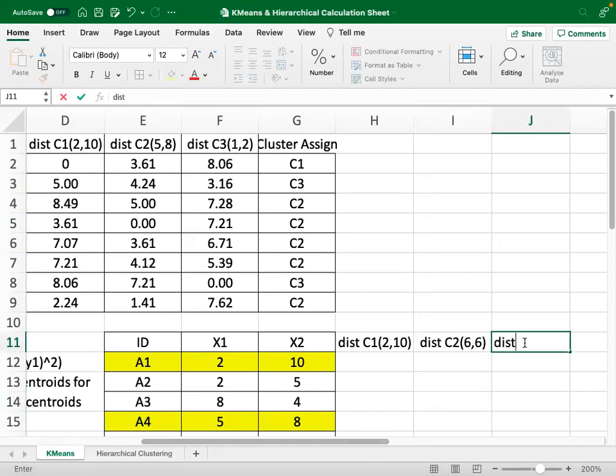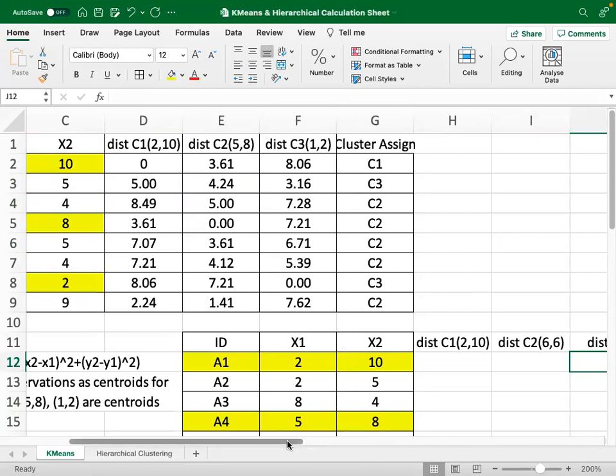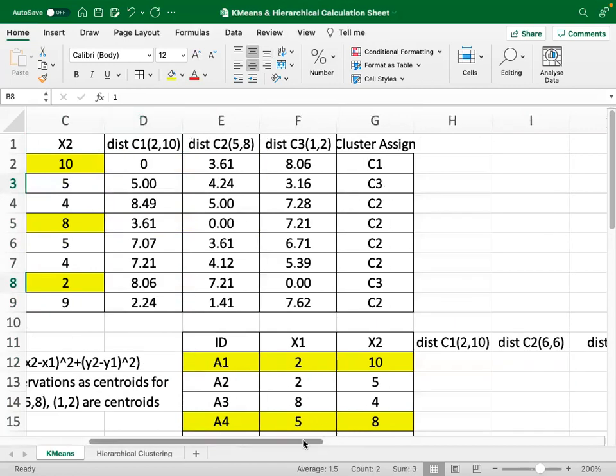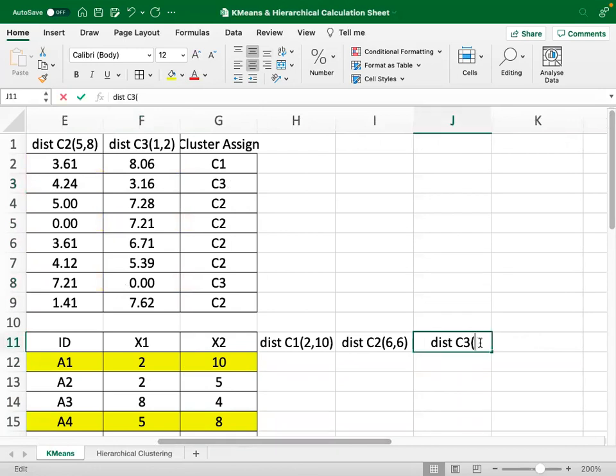Distance for C3, cluster 3. So, cluster 3, how many do we have? X1, C3, and C3, 1.5. The average is 1.5.